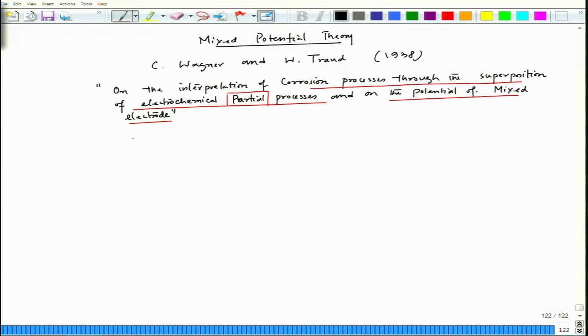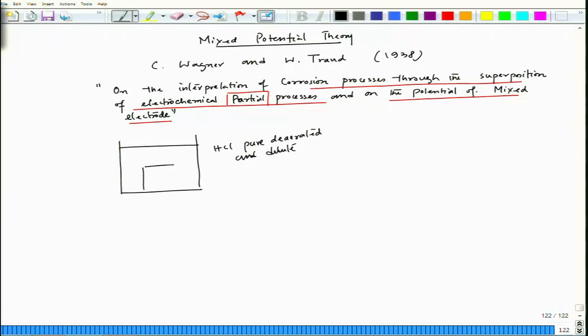Now, if I could get back to the corrosion of zinc in pure deaerated dilute HCl solution. So, this is a beaker where I have put HCl, which is a pure, deaerated and dilute solution.